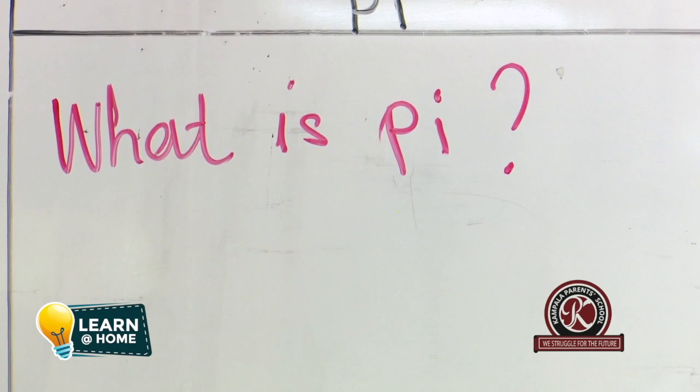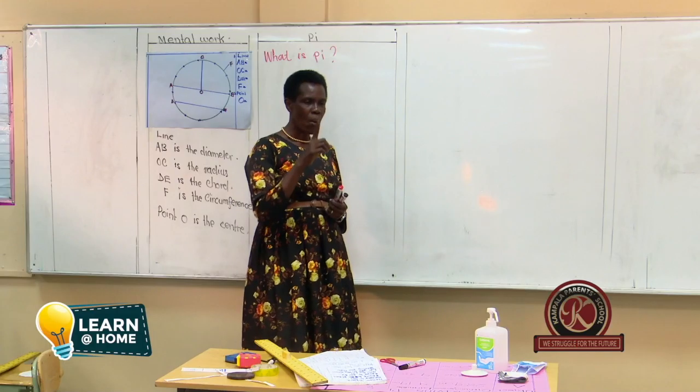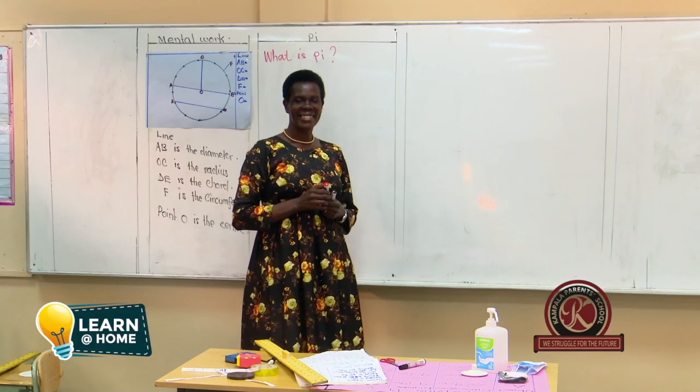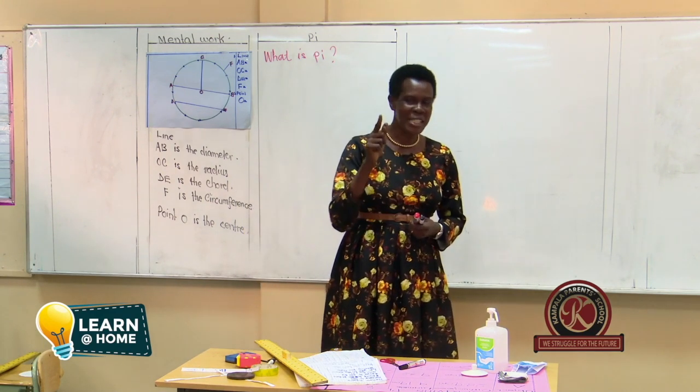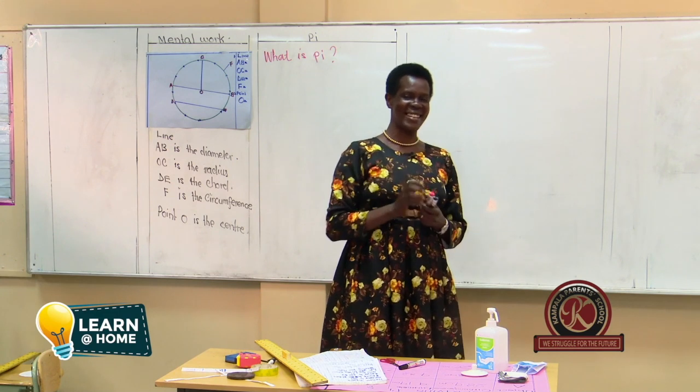One, pi is the ratio of circumference to the diameter.